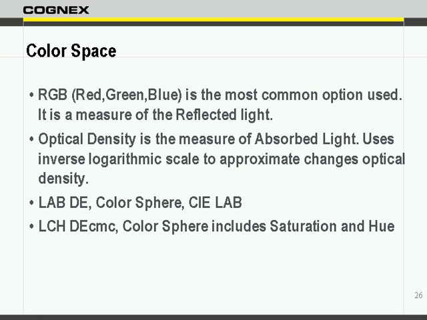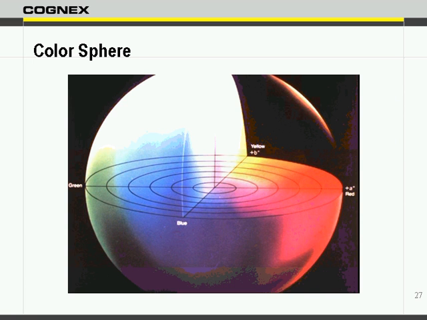LAB and LCH are different color spaces, usually represented by a color sphere, and we have a slide on that. This is basically a color sphere that's used for LAB and LCH. L in general is the luminance, the intensity of the object.